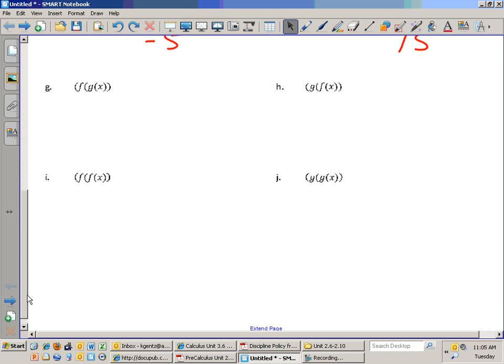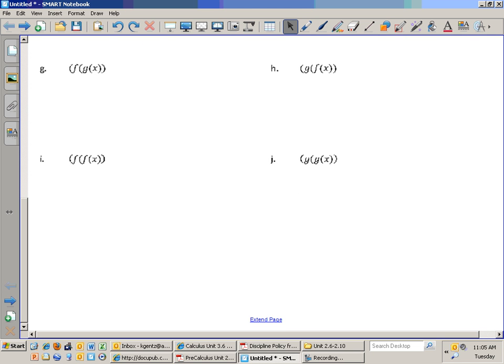F of g of x. So what this is saying is I actually want a rule. Forget about actually finding a value. I want a rule. And so I'm going to use f of x is equal to 2x minus 3. I'm going to use g of x is equal to x squared plus 2x.